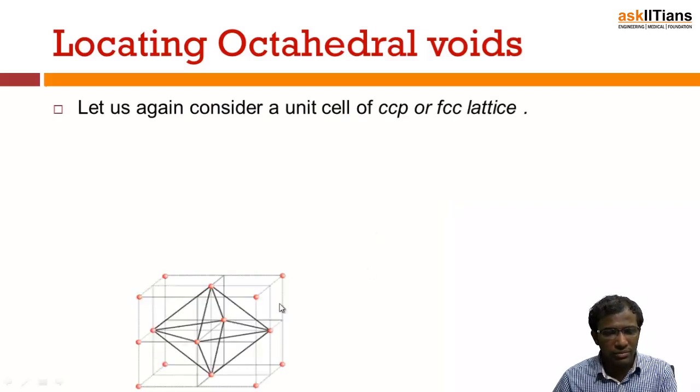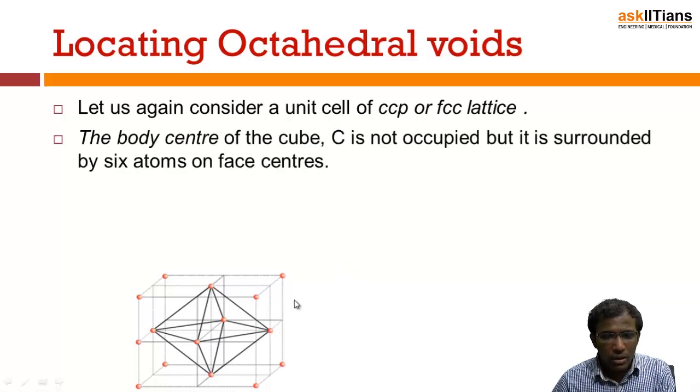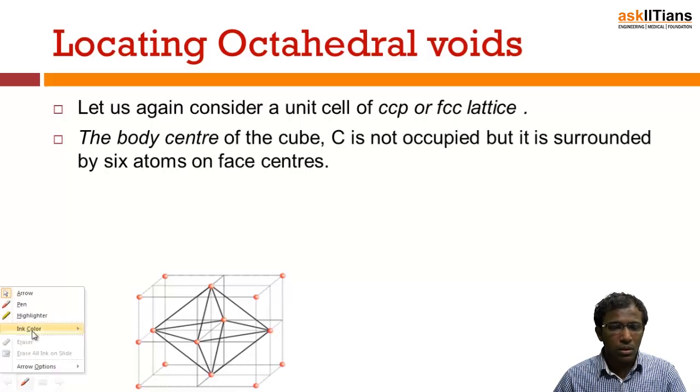In this unit cell of FCC, if I consider the atoms at the face centers and join them, I will get a regular octahedron. So at the center of this I have an octahedral void, exactly at the body center.